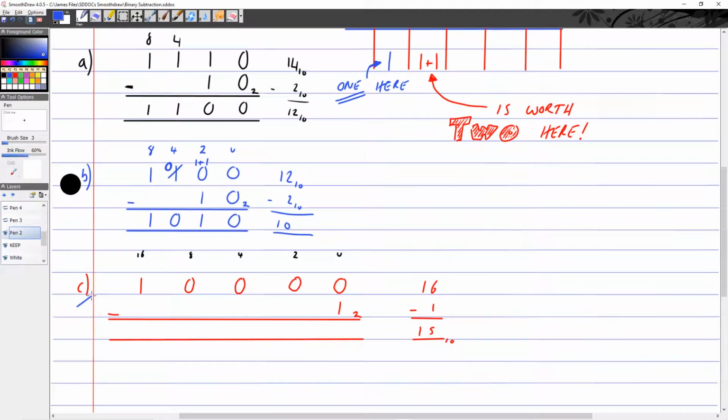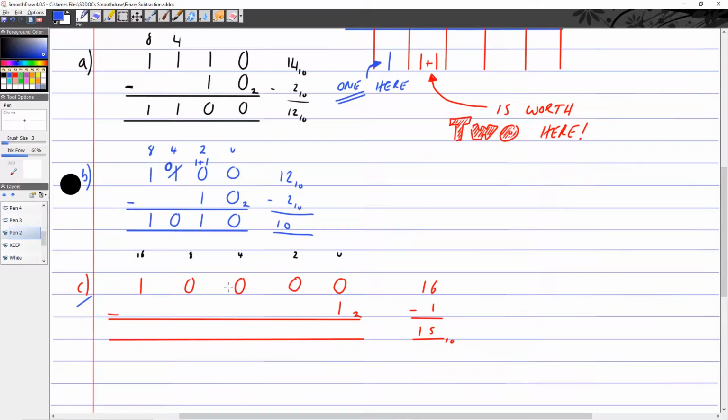So example C, we have 16 take away 1, or 1 0 0 0 0 take away 1, and it's easy to do in base 10. Of course, we're expecting 15 as the result, but the method is that we're going to take 1 away from 0, and we can't. So we look to the next column. There's nothing there.